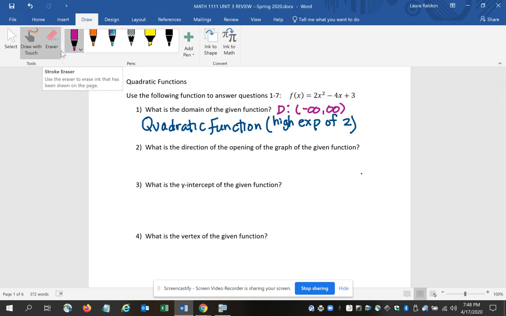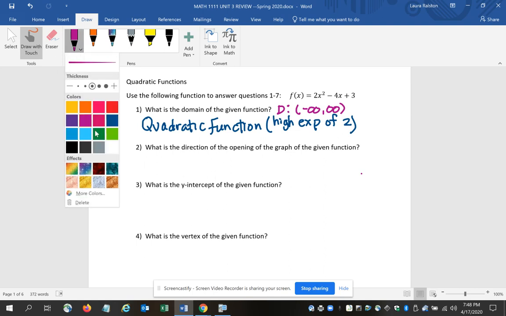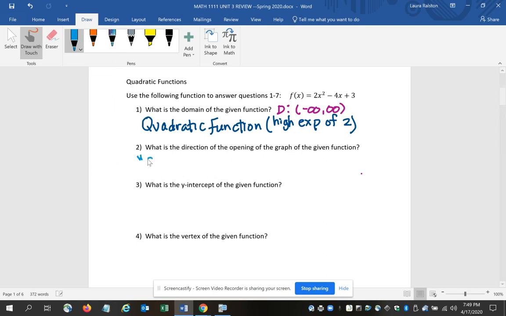Then question 2 says, what is the direction of the opening of the given function? Remember, to decide the opening of the function, we look at a, and a is the number in front of the squared term. So in this case, a is a positive 2. Since it's positive, that implies that there's no reflection on the x-axis.